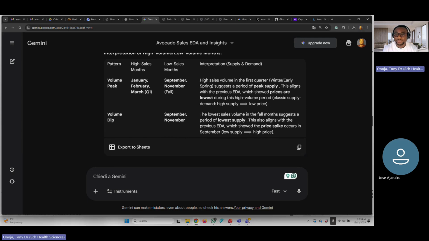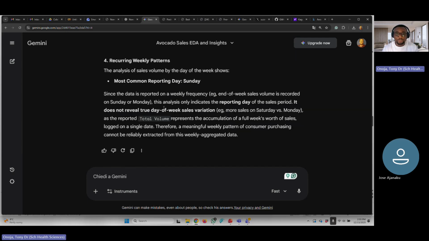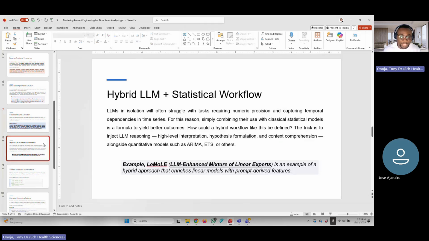This aligns with the EDA, which shows the prices are lowest during this high volume period. So then it tells us about the recurring pattern. So again, we have addressed this issue. I'm trying to make sure we can beat time.